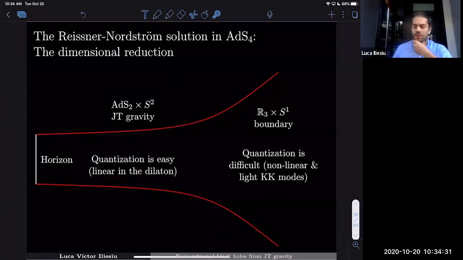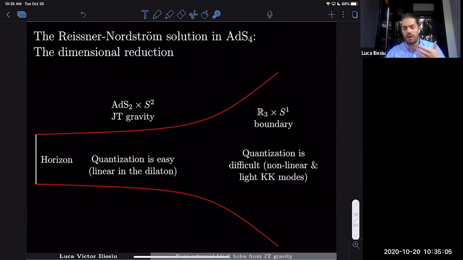But it's very hard to do it in the far away region, far away from the horizon, where the boundary is asymptotic, where the space looks like R3 times S1 as you go closer and closer to the boundary. The reason is that the dilaton action is very nonlinear, and the KK modes that were massive, which I mentioned previously, are actually very light here. Because as I go closer and closer to the boundary, the internal dimension of S2 becomes larger and larger. So I actually can't neglect the KK modes.